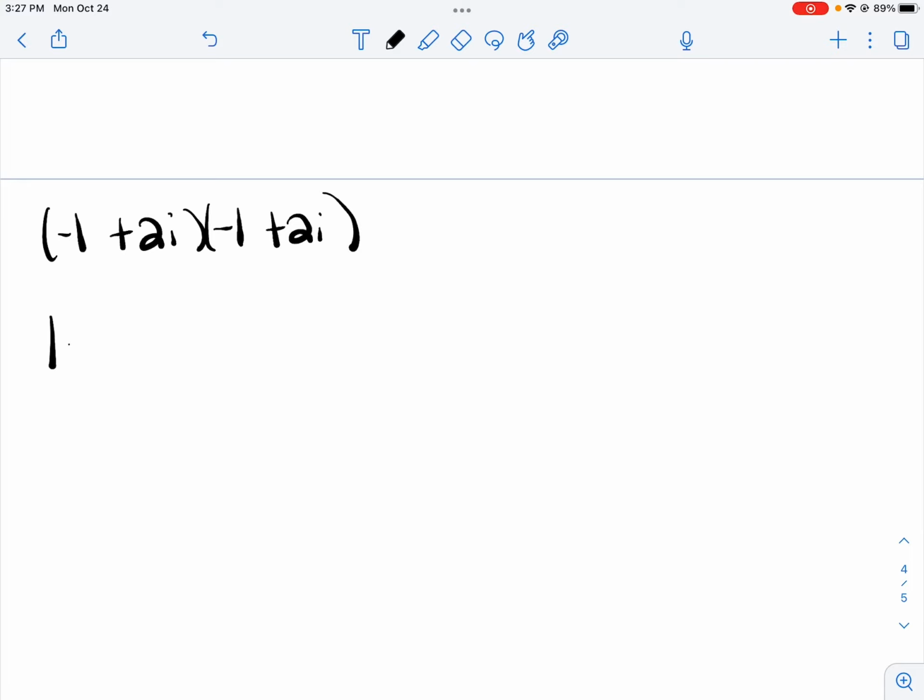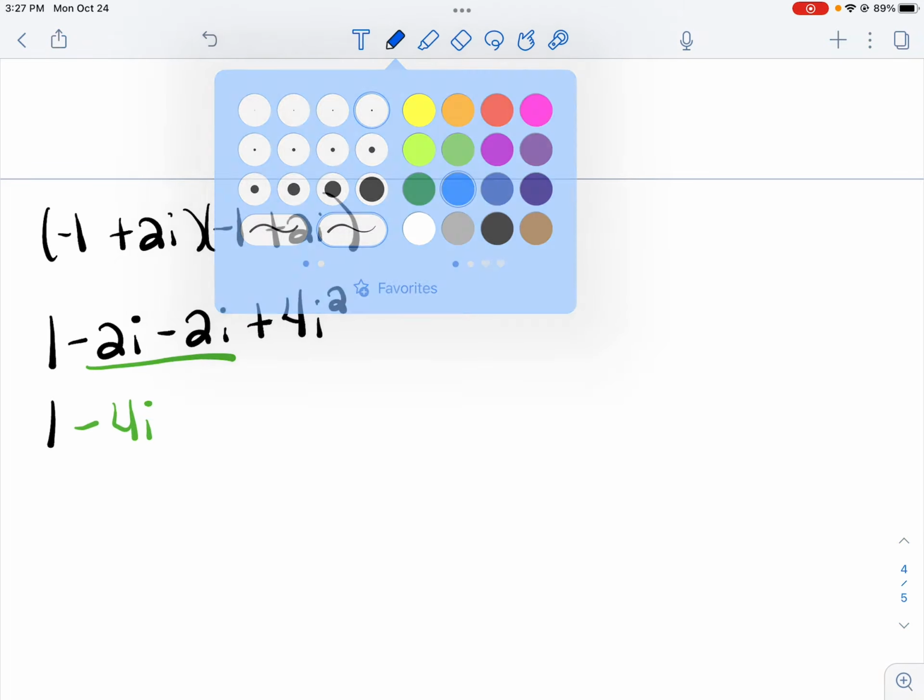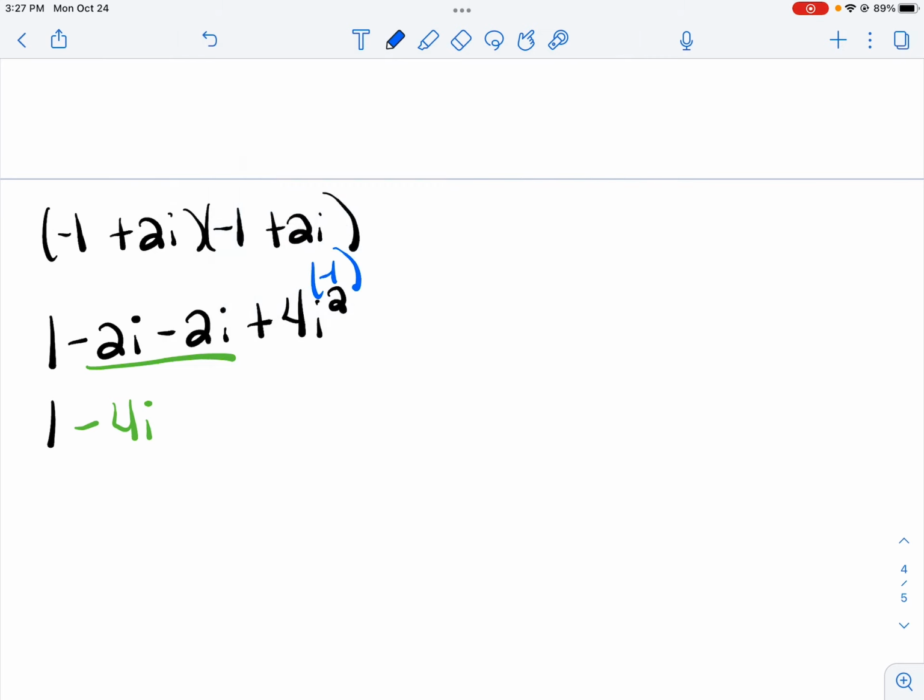So my first term would be 1. The outer is minus 2i. The inner is minus 2i. And the last is 4i squared. Put your like terms together. So that gives us a negative 4i. And remember, i squared is negative 1. So at the end, I have 4 times negative 1, or negative 4.